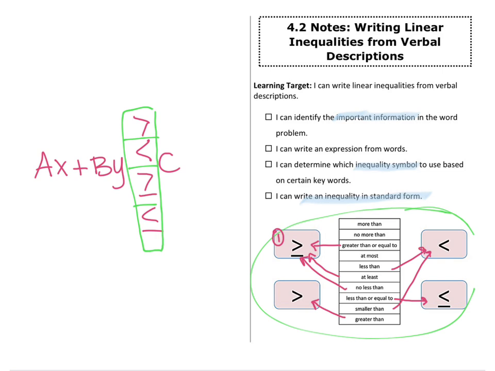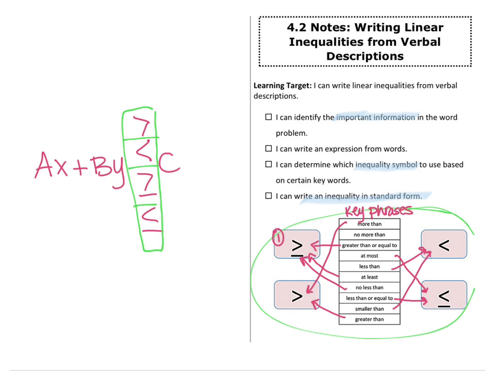If it's at most 50, well then that's the biggest it could be. No more than. So these are just some examples of words we could see. These are the key phrases for inequality symbols.